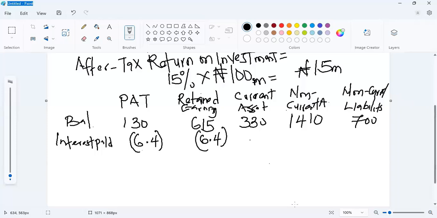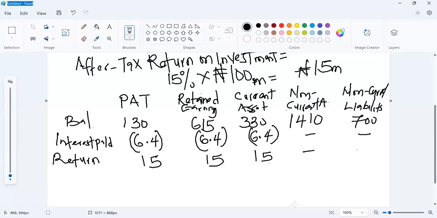This will affect my current assets, minus 6.4. This will not affect here. Return: 15 million will affect my profits, positive. It will affect my retained earnings and my current assets. No impact here.